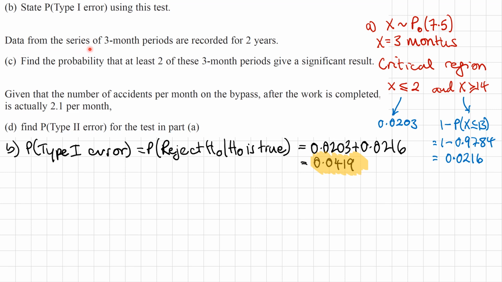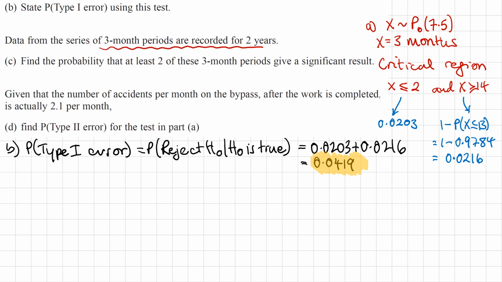Data from the series of 3-month periods are recorded for 2 years. Part C, find a probability that at least 2 of these 3-month periods give a significant result. So there's a couple of things going on here. We've got a sample of these 3-month periods recorded for 2 years.